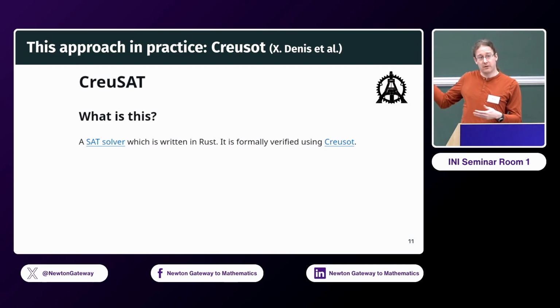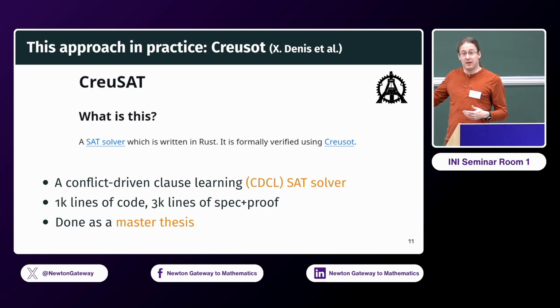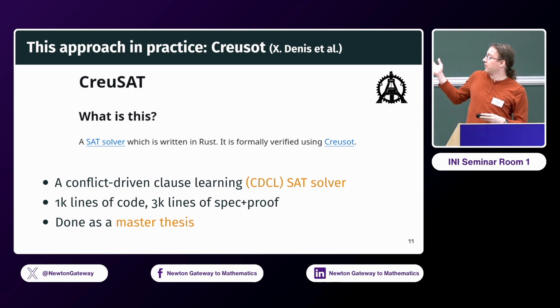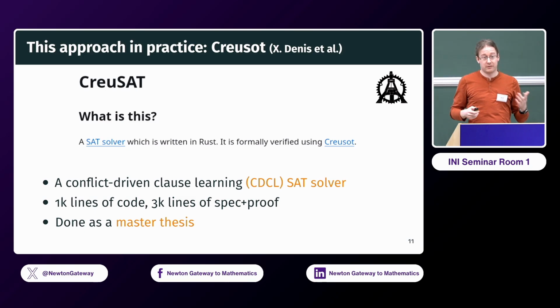There's a SAT solver called Creusat, which uses modern SAT solving techniques, is on par in terms of performance with other verified SAT solvers, but was developed in a fraction of the time. In particular, this was developed as a master's thesis by someone who hadn't done much verification before. So in half a year, they wrote the thing and verified it. It's about 1,000 lines of code with 3,000 lines of proofs and spec. I think there are further improvements to be done here, but it's not a terrible proof-to-code ratio for some very non-trivial correctness properties.